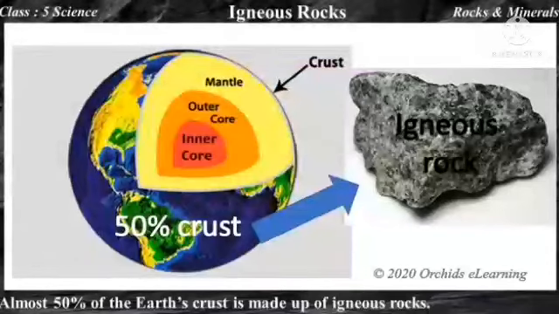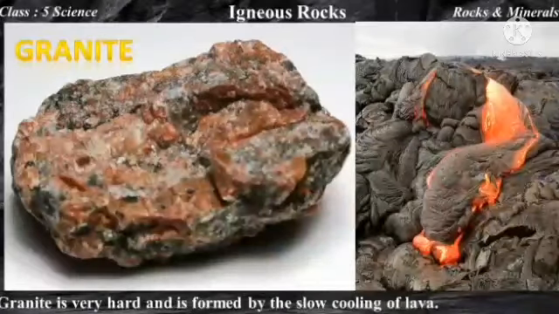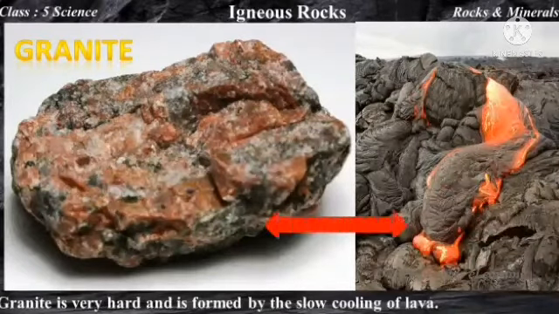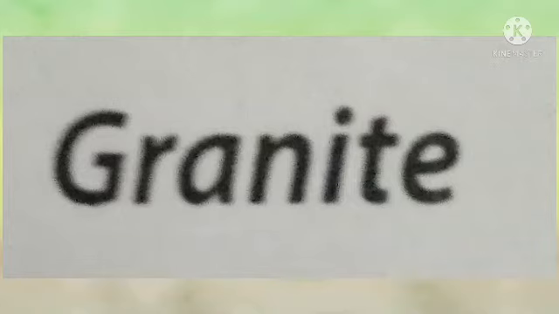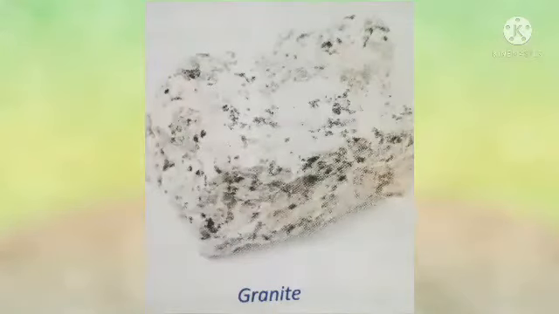Almost 50% of the earth's crust is made up of igneous rocks. Let us see the examples of igneous rocks. Granite. It is the most common igneous rock. It is very hard and is formed by the slow cooling of lava.